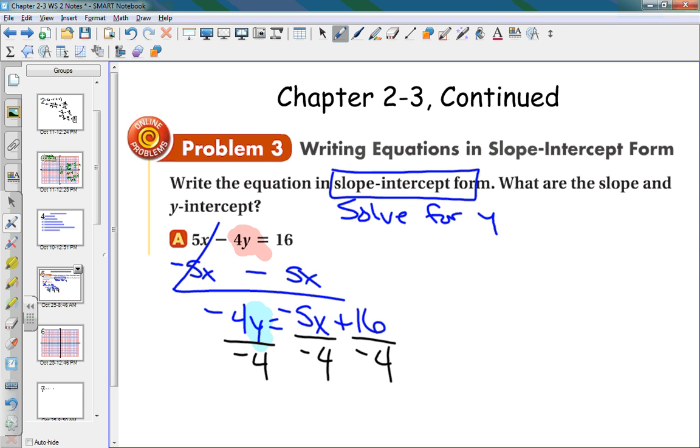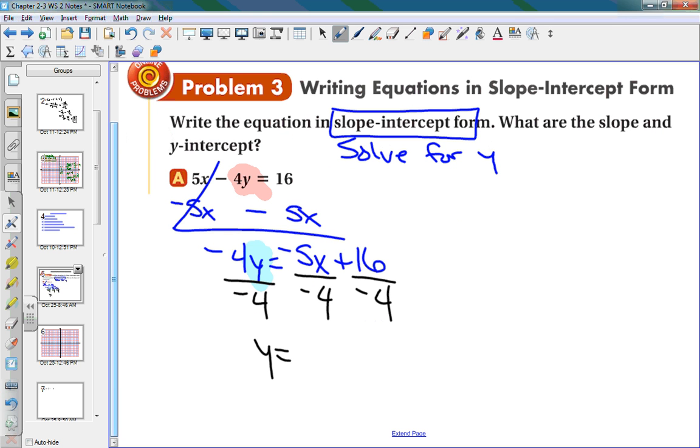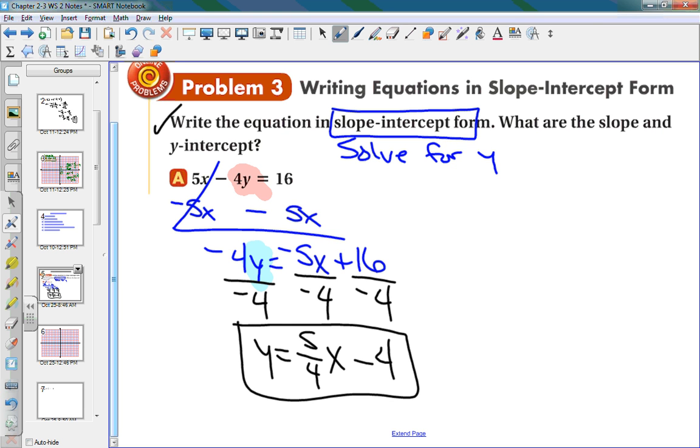The reason why we divide each term by negative 4 is because when we simplify, the slope falls out and the y-intercept falls out. So y is equal to, a negative divided by negative is a positive 5 over 4x. 16 divided by negative 4 is going to be minus 4. So now I have it in slope-intercept form.